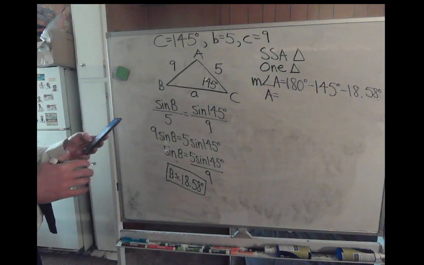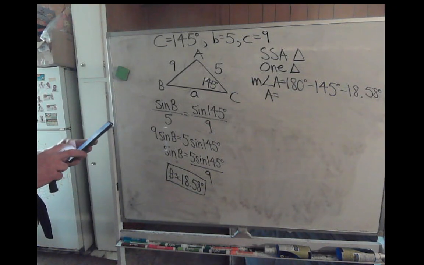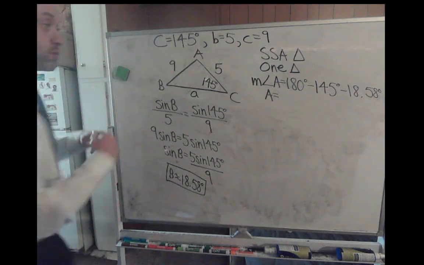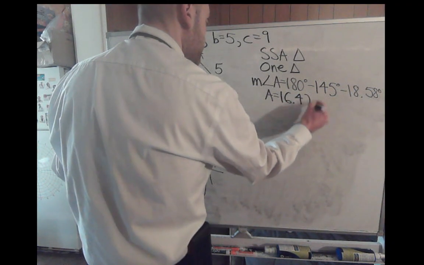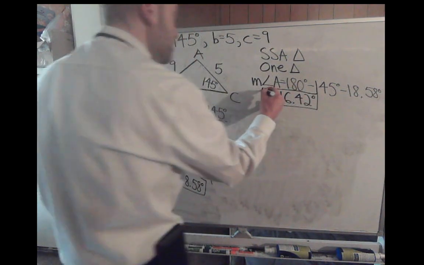Let's figure this out. That'd be 16.42 degrees. So angle A is approximately equal to 16.42 degrees.